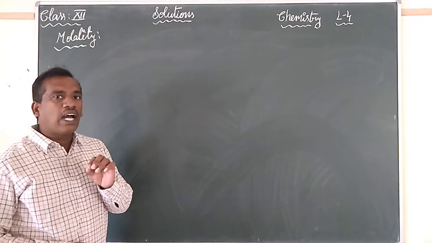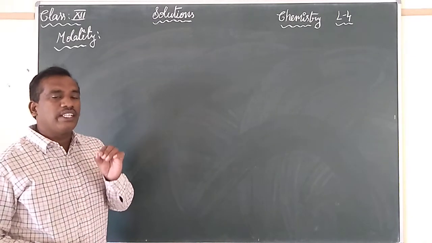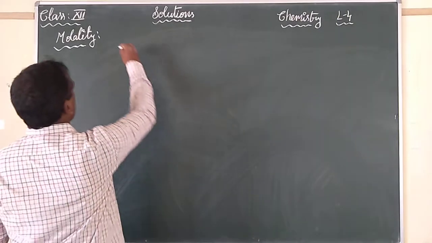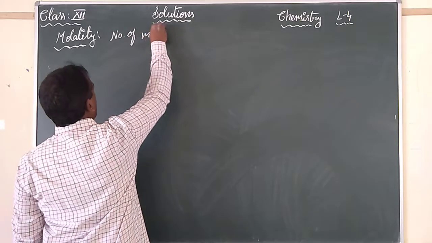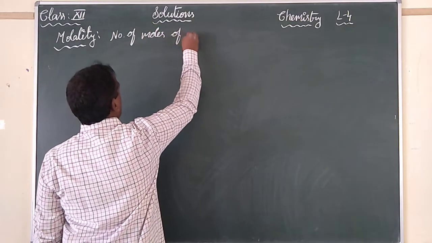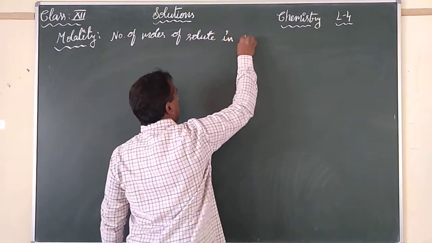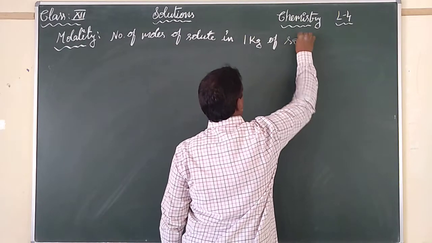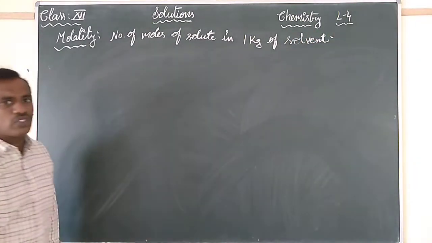Here we are not expressing per solution, but we are observing it dissolved in 1 kg of solvent. So how do we give the definition? Number of moles of solute in 1 kg of solvent.